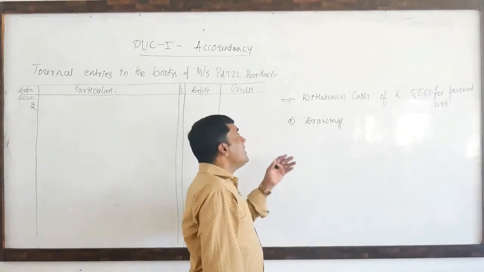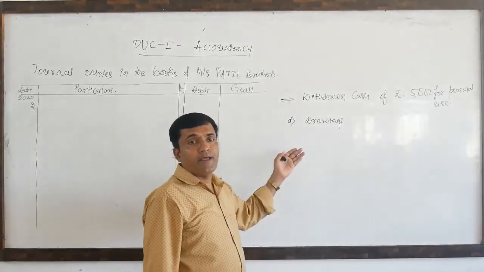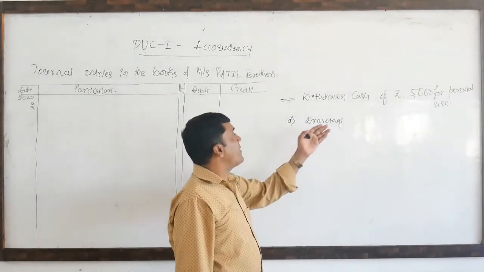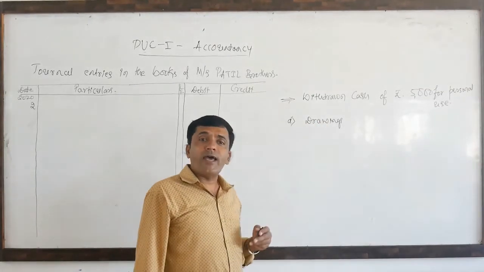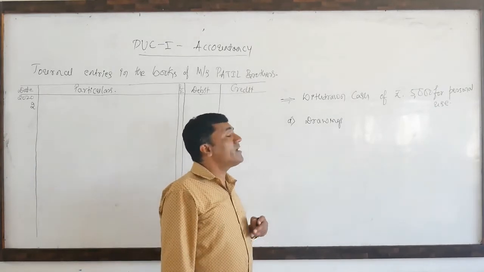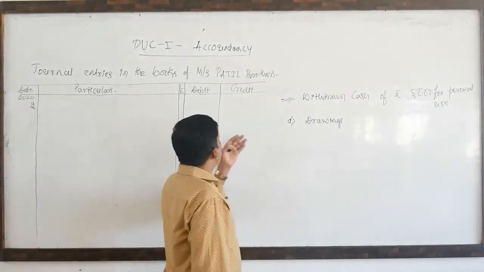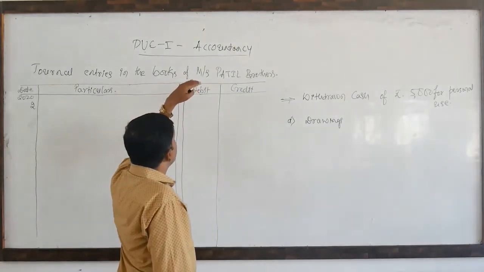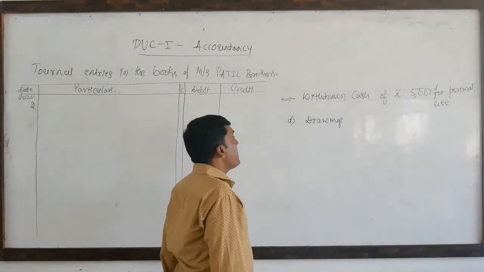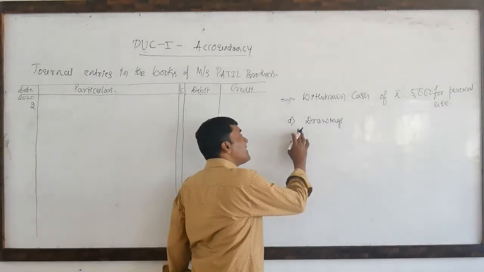Here in this example, the owner, the proprietor, has withdrawn the money from the business. Who is the receiver? Here the owner is the receiver. We should not write the owner's name in the books of his own business.